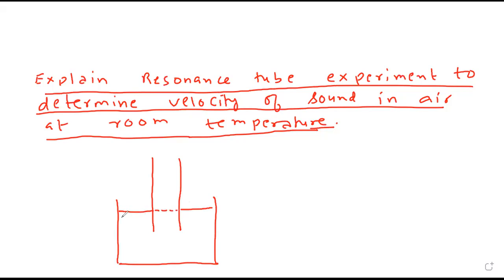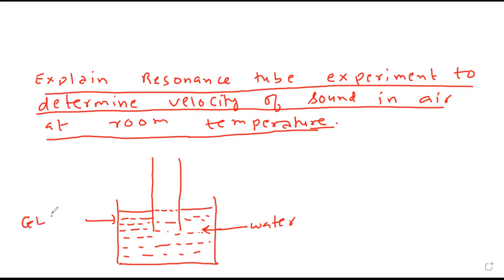It consists of a hollow, cylindrical, metallic tube open at both ends. By raising or lowering the tube, the length of the air column can be varied.